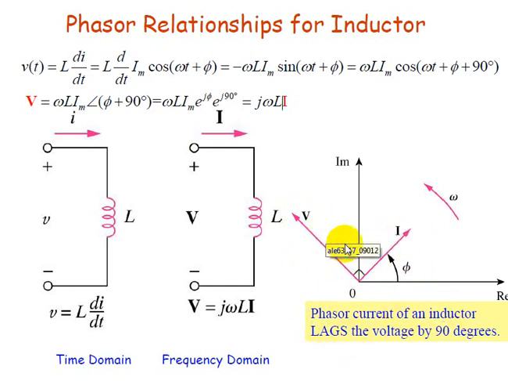In the phasor diagram we move anti-clockwise, and here current comes first and voltage comes last, therefore we say current lags voltage by 90 degrees. This is the typical inductive response of a circuit element.